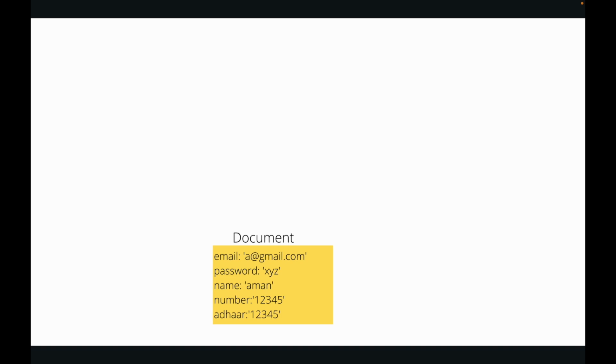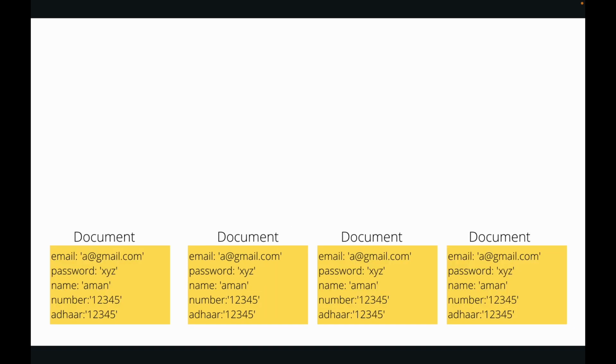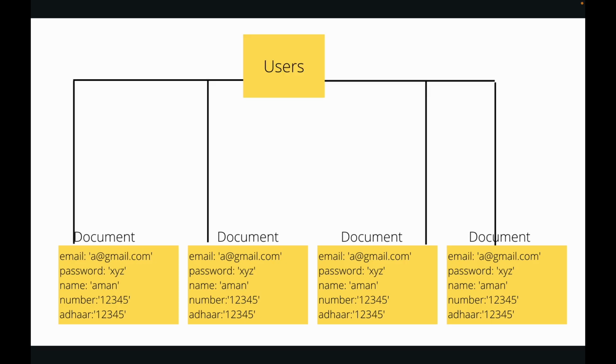There will be thousands of users in your application. So to store thousands of users' information, you have to make thousands of documents. For reference, I have created 4 documents and all of these documents are stored inside a collection. So users will be a collection and in the users collection there will be multiple documents.